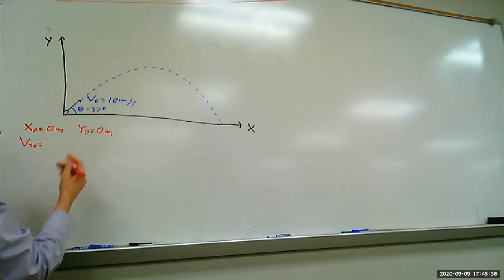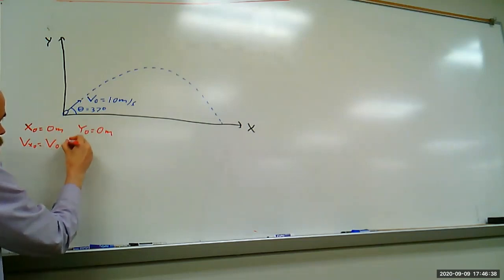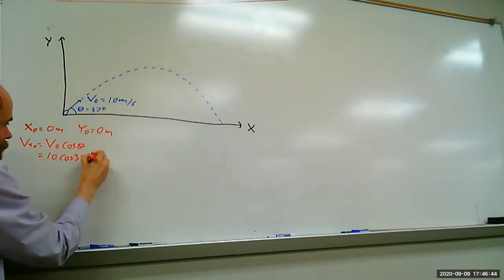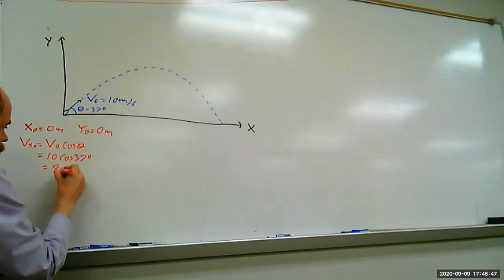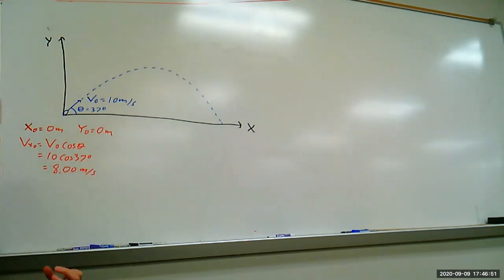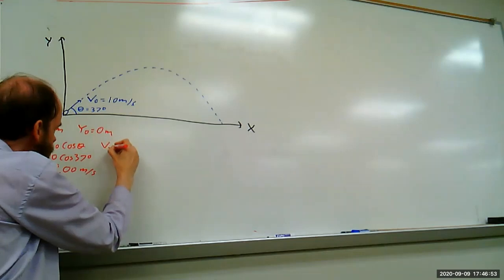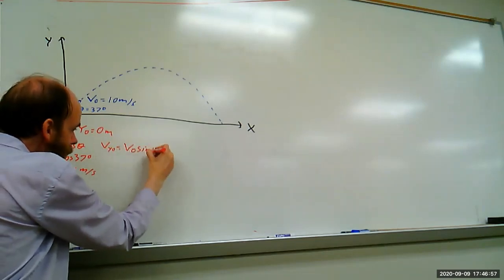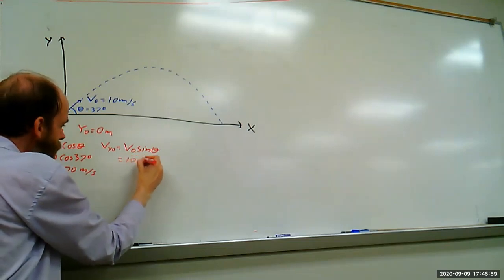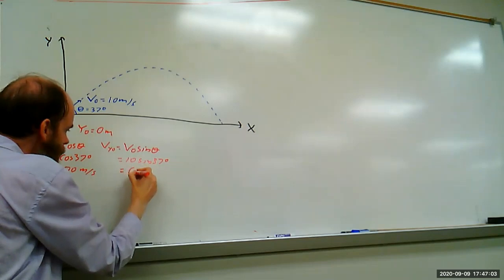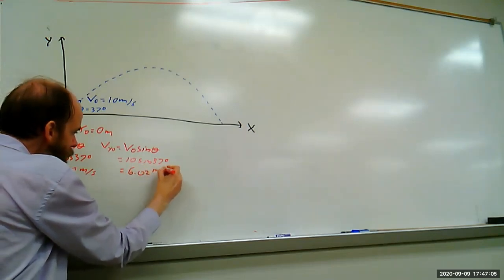Vx0 is v0 cos theta, which is 10 cos 37 degrees, which comes up to be 8.00 meters per second. Now, vy0 is v0 sine theta, which is 10 sine 37 degrees, which is 6.02 meters per second.